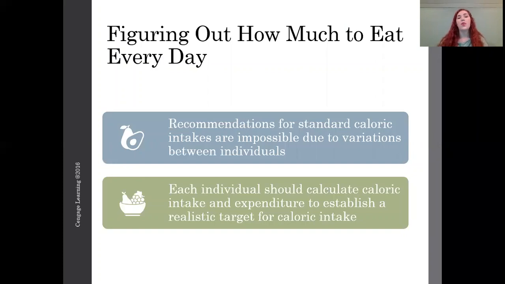So this is why it's important for each individual to calculate their caloric intake as well as their expenditure in order to establish a realistic target for caloric intake for them based on their individual lifestyle.